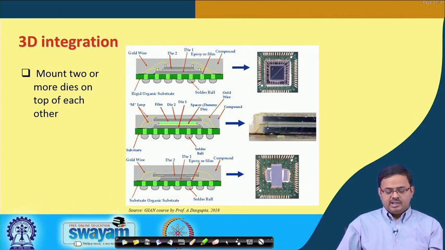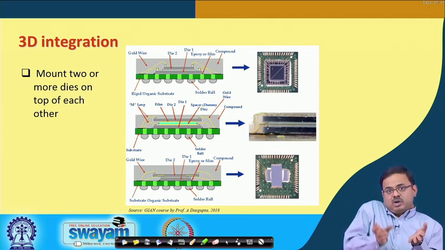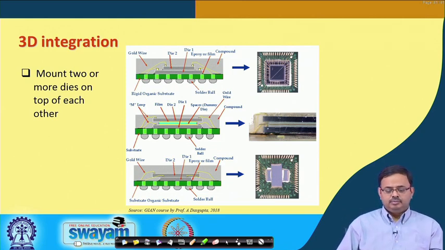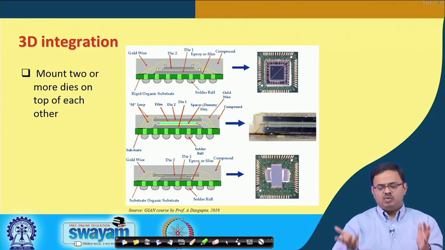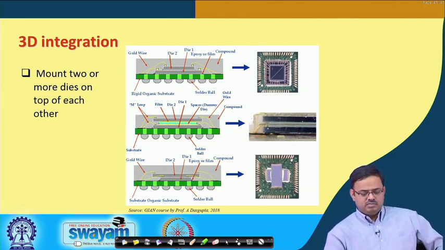And the third one is like an inverted pyramid. It is a smaller die at the bottom and the larger die at the top. And they are all in a molded compound as is shown, and you see some pictures also.